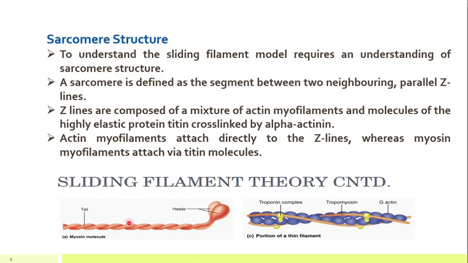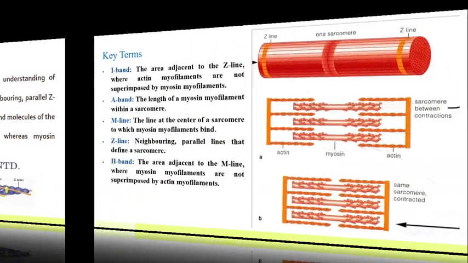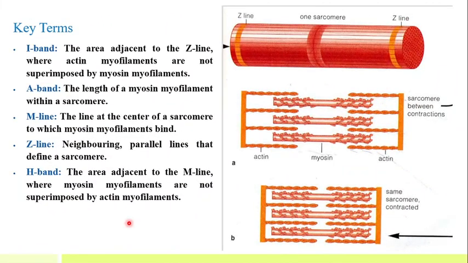So, let's see in the next slide. The key terms are, see, this is the sarcomere structure. The diagram on the right side of the slide is the sarcomere structure. See here the two Z lines, and in between these two Z lines, the complete structure is one sarcomere.